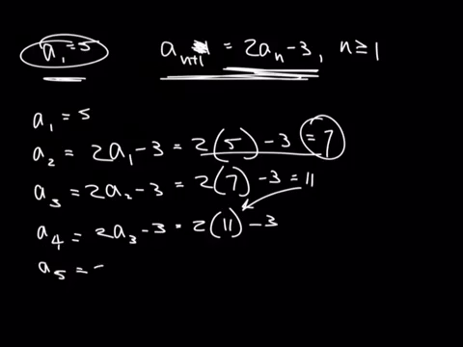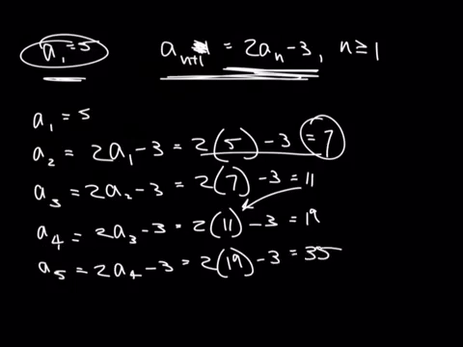And this last one would be 2A sub 4 minus 3 equals 2 times, whoops, this is supposed to be 19, right? 2 times 19 minus 3 equals 35. So those are the first 5 terms of the sequence.